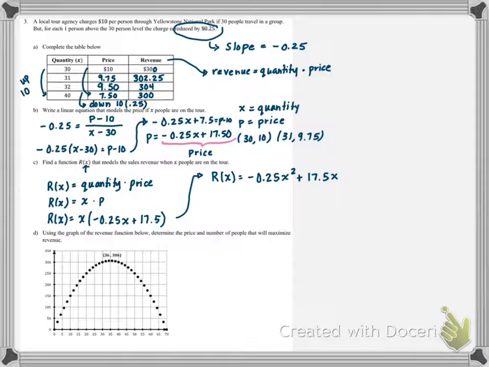So I'm going to start by labeling this. The input of this function is what? And what's the output? Revenue, very good.